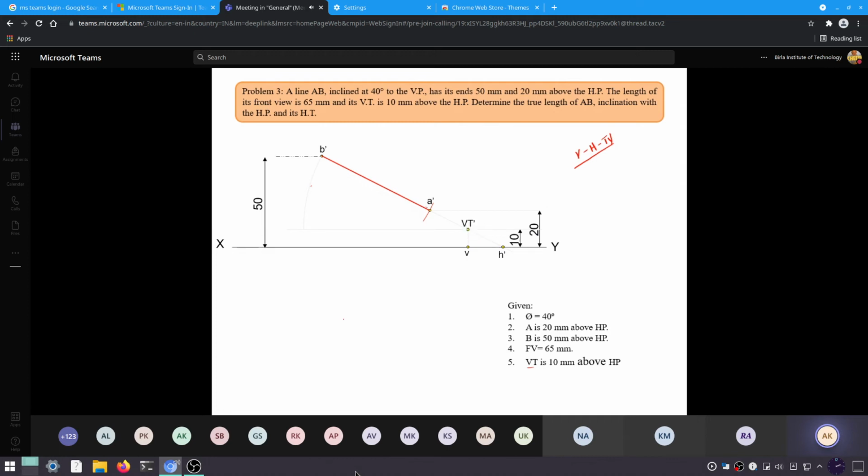I'll tell you why we can do that. To obtain B2 dash, draw the line further.